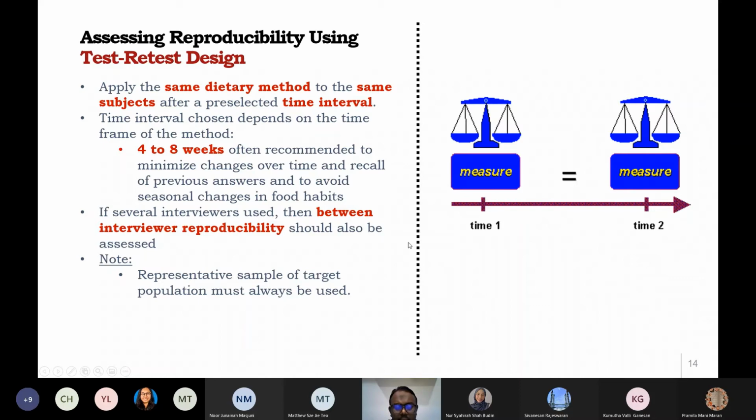Then you can do interviewer reproducibility. You must take note that in a test-retest design, a representative sample of the target population must always be used. You cannot just conveniently select whoever is around to be your subjects. The sample must be representative of the target population when you do a test-retest design.